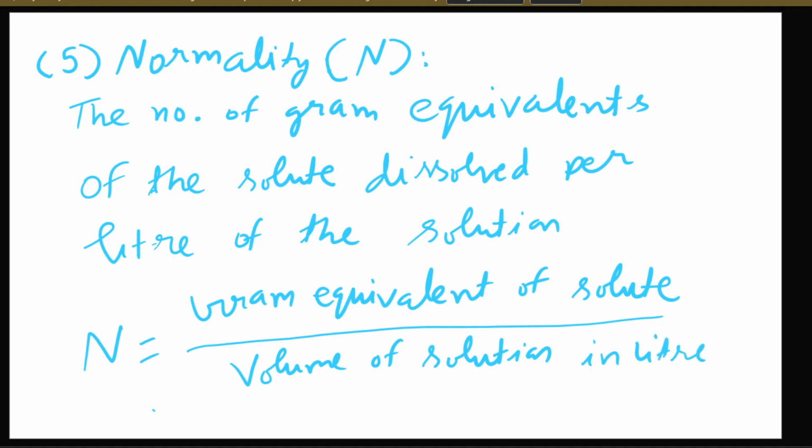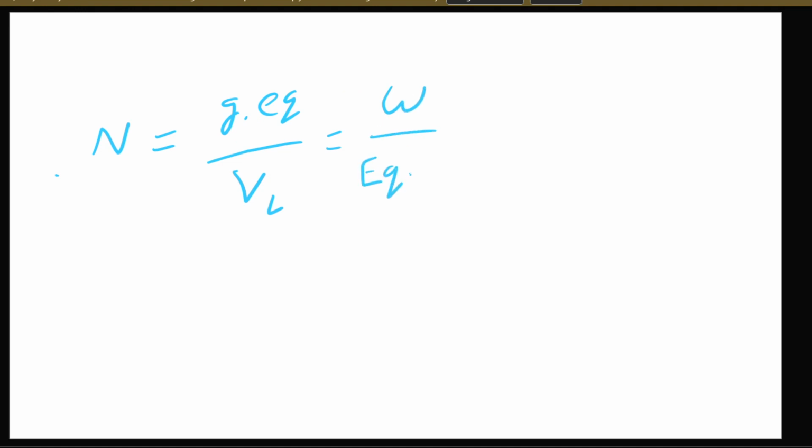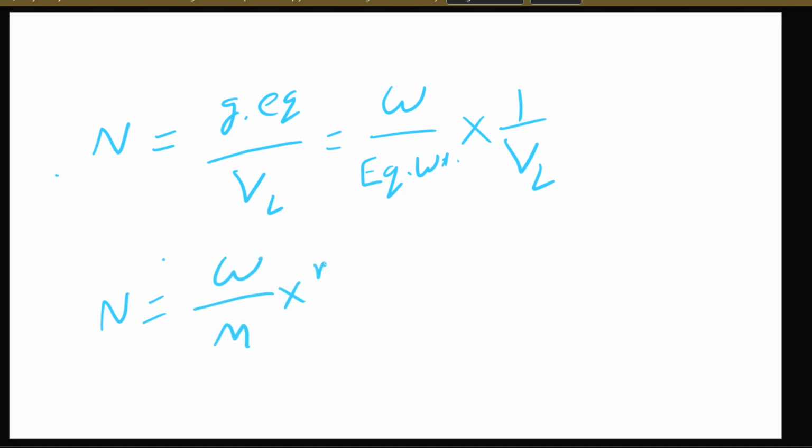One thing to remember: normality is equal to gram equivalent divided by volume of solution in liter. Gram equivalent is weight upon equivalent weight, divided by volume. Equivalent weight has the formula molecular mass divided by n factor, so the n factor goes in the upward direction.